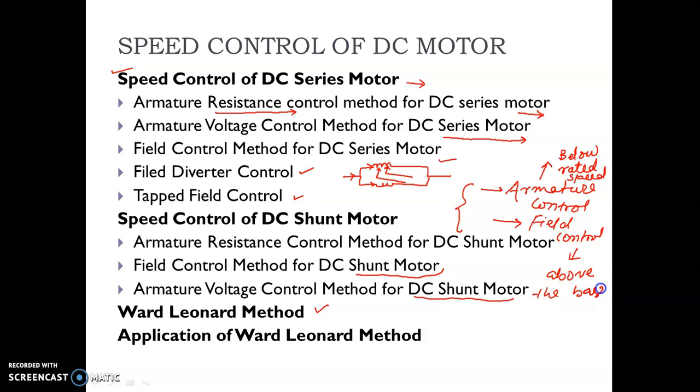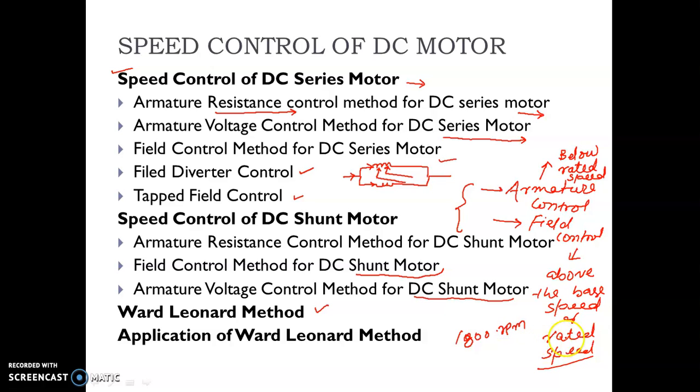The overall view is that by application of field control, we will be able to obtain a speed higher than the rated speed. Suppose a motor speed is 1800 RPM.